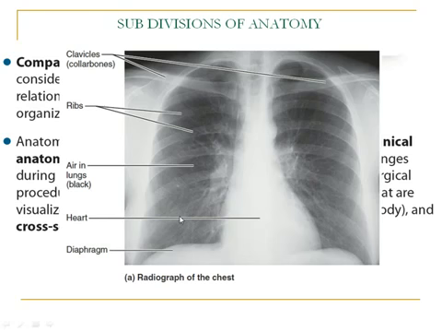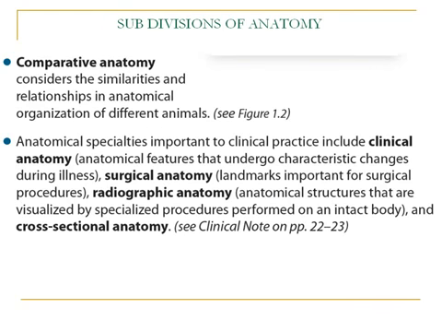So this is the normal chest, and if this topography is changed and that change is visualized in the radiography, we can identify it along with the other history and make a proper diagnosis. That is the aspect of radiographic anatomy.